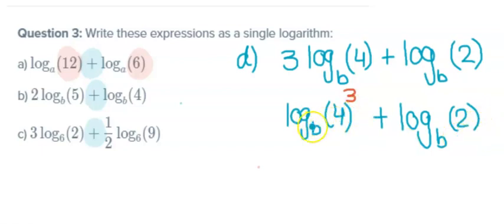Now you know what 4 cube is. 4 cube is 4 times 4 times 4.